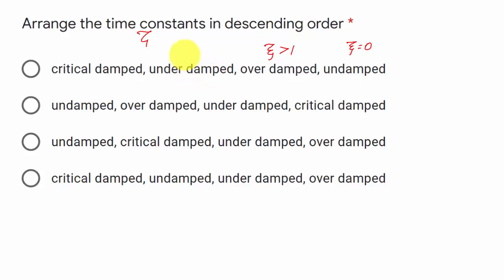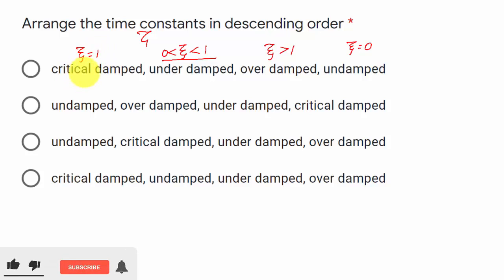In the case of an underdamped system, zeta value will be less than 1 and greater than 0. Most of the cases we are going to take the zeta value to be 0.6 to 0.75. So this is the typical value of zeta we take practically. But what is the value of zeta in the case of critical damping? It is 1. It is the verge of oscillation.